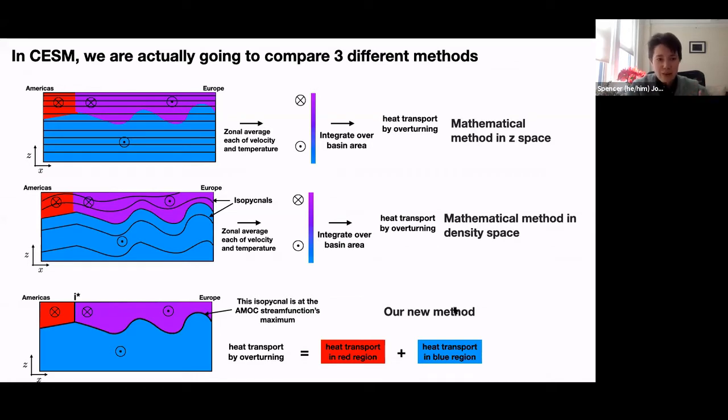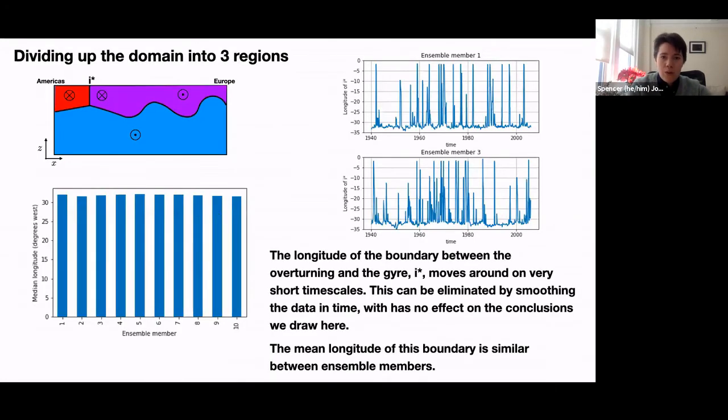And then I have an intermediate method where instead of taking your zonal average in depth space, you take the zonal average velocity and temperature in density space, and then you multiply them together. That's what I'm going to show.